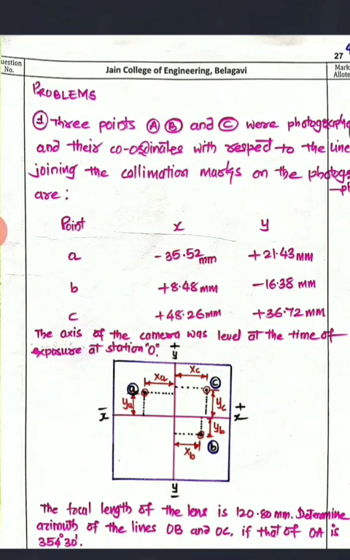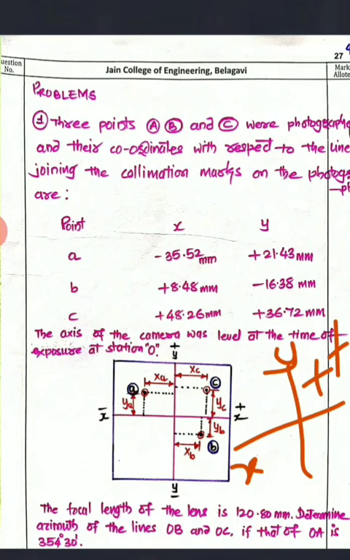First and foremost, you have to understand the quadrants. If you take this as the y and this as the x direction, you will have four different quadrants.